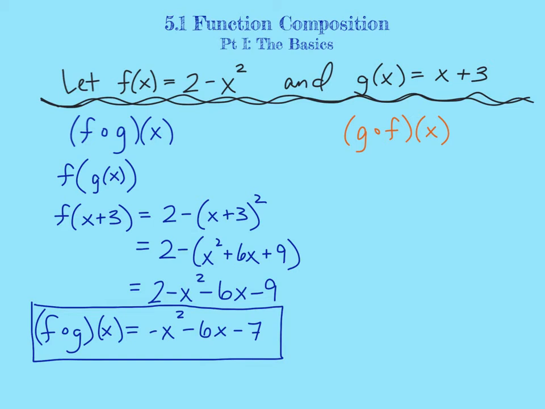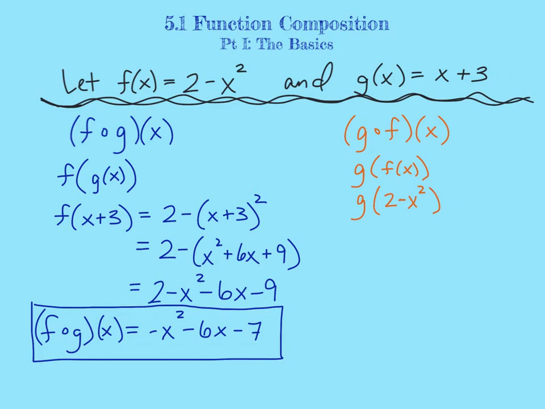g of f of x is a very similar process, but it's actually not going to be as bad. So we are taking g of the f of x function, which is 2 minus x squared. The g function says whatever the input is, you just add 3 to it.